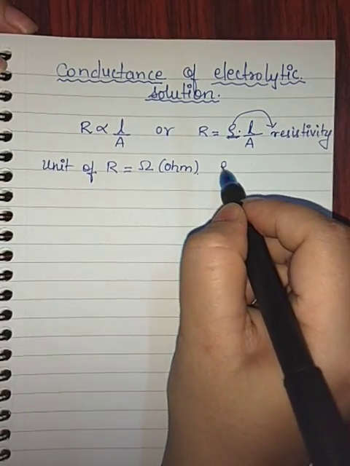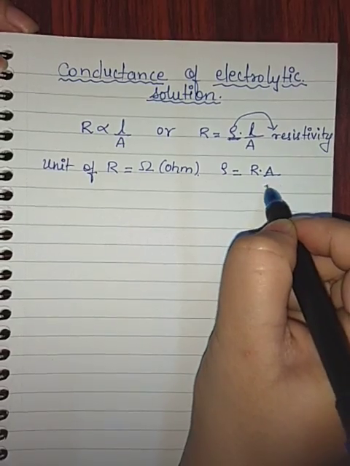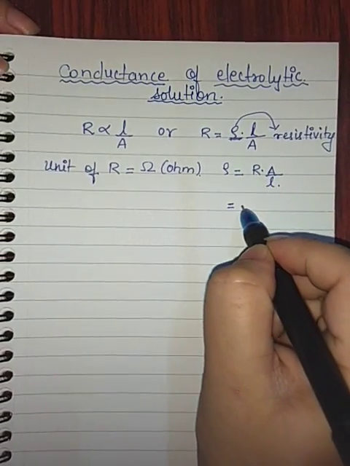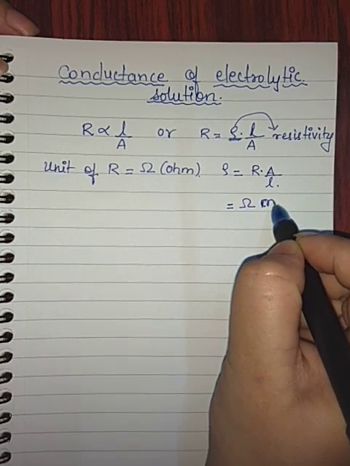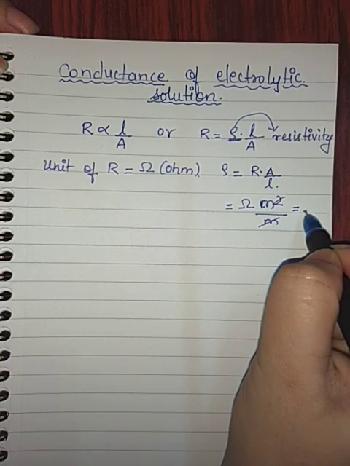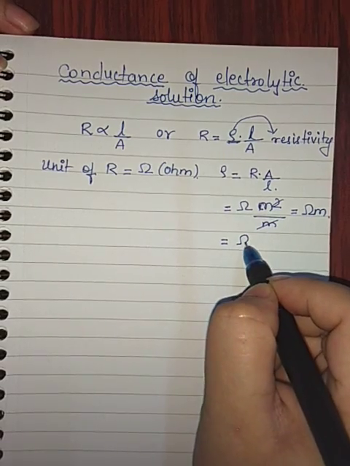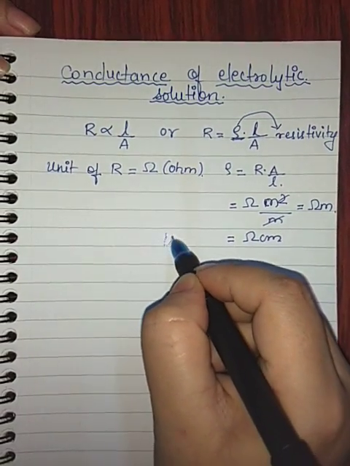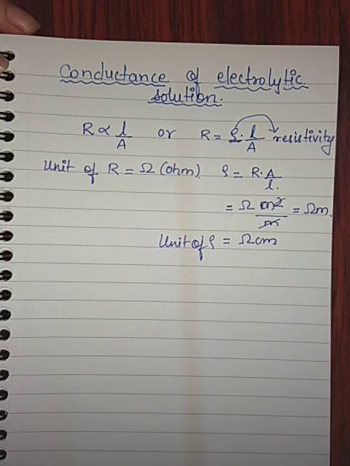So from this equation, rho is equal to R into A upon L. So R is ohm, A is meter square upon length is meter. This gets cancelled. So we get the unit of resistivity to be ohm meter. Okay, but it is generally expressed in ohm centimeter. So unit of rho is equal to ohm centimeter, that is resistivity.